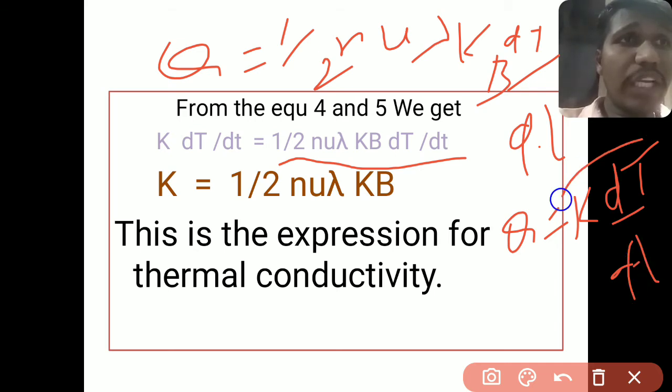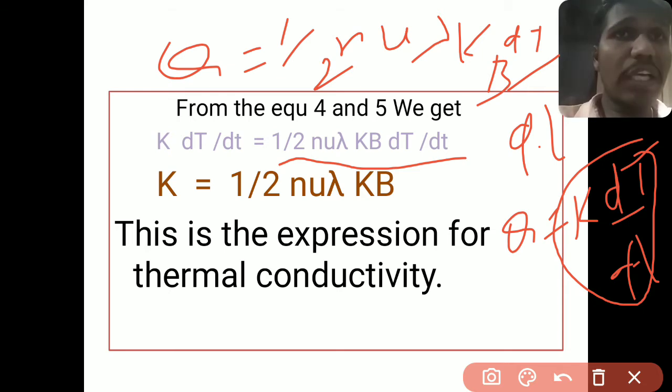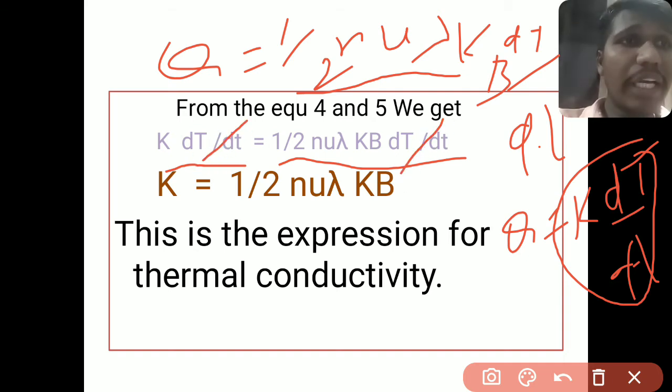Substituting the value of Q, K into dT/dx is equal to 1/2 nu lambda kB into dT/dx. Then dT/dx gets cancelled.